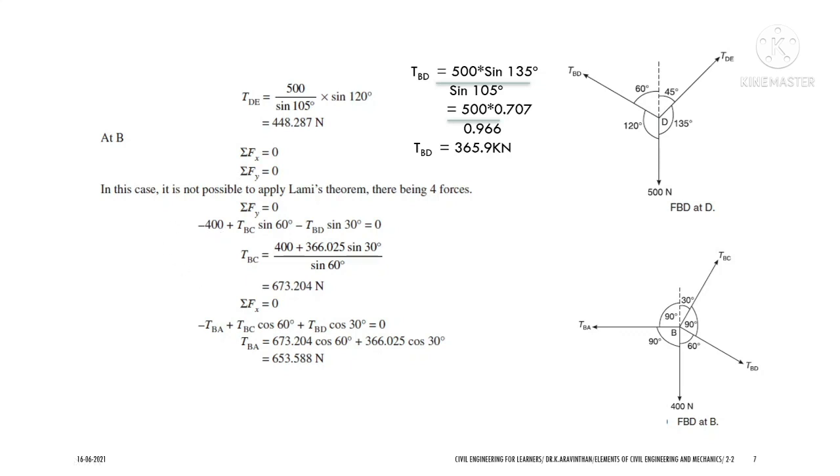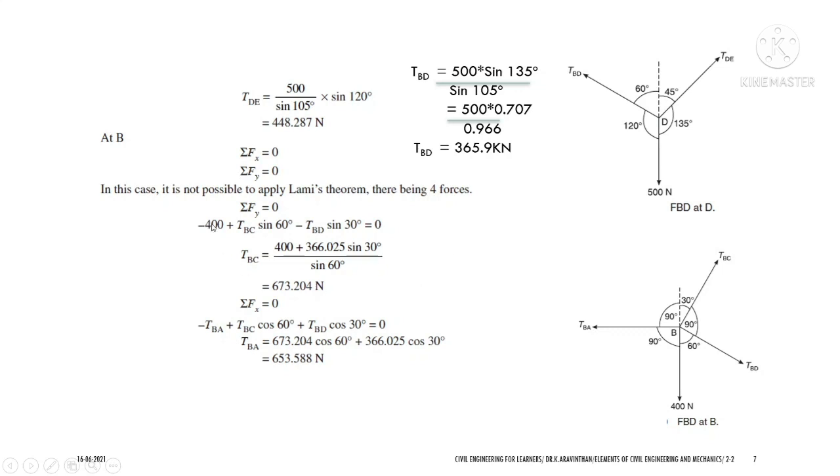Now you know the force TBD. Already we have found here, and it is 366 Newton around. So in this equation, you know the value of TBD, and after substituting the value of TBD here, the only unknown is TBC. So you can take everything outside.